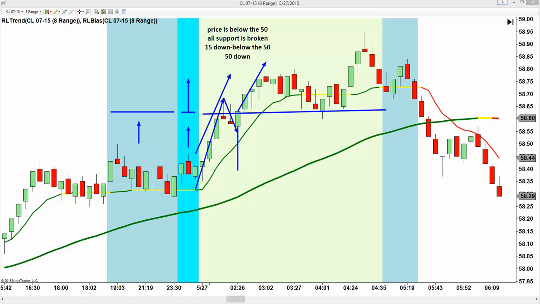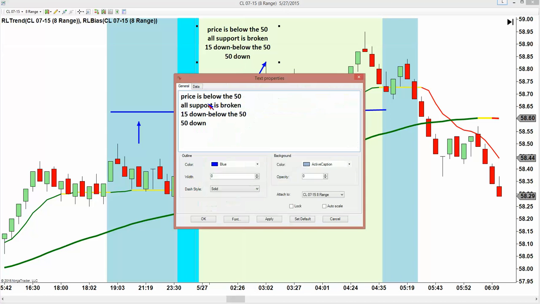The text is showing price above the 50. The text says price is below. Oh no, that's because I just cut and pasted it. That's all. I have to change it. I just cut and pasted from the other color. See here, price is above the 50.